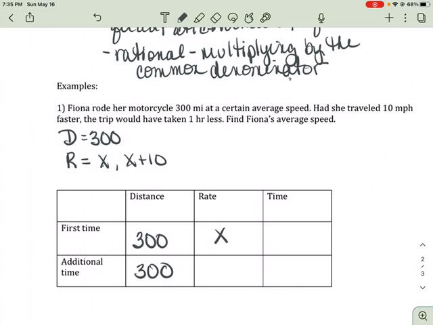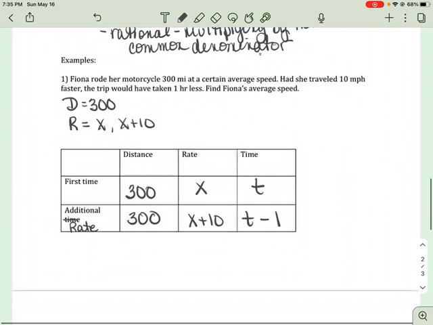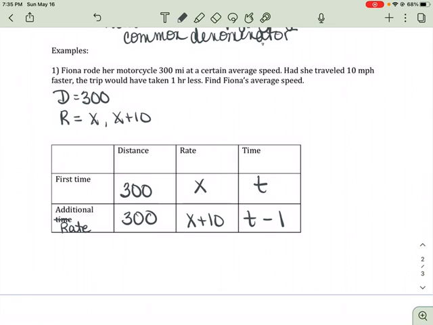Our rate, first, is x, and with the additional speed it would have been x plus 10. Our time is t, and then t minus 1.